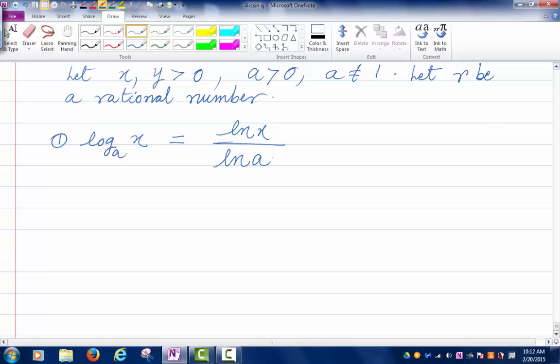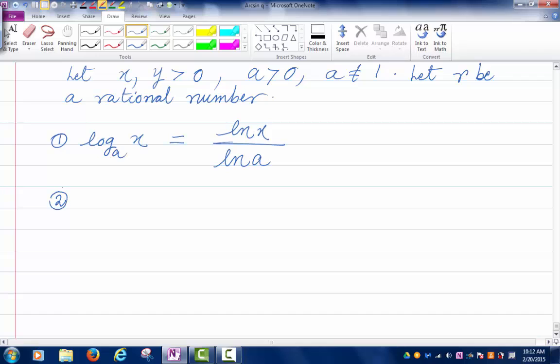Okay? ln of x over ln of a, that's basically the log base a. So do I really need log base a? It is convenient, it is nice to have log base others, but what we can see now is that if we have ln, we actually have all of them, because the other ones are basically ln of x over ln of a.